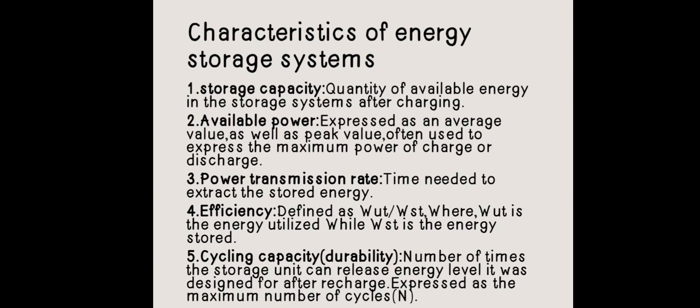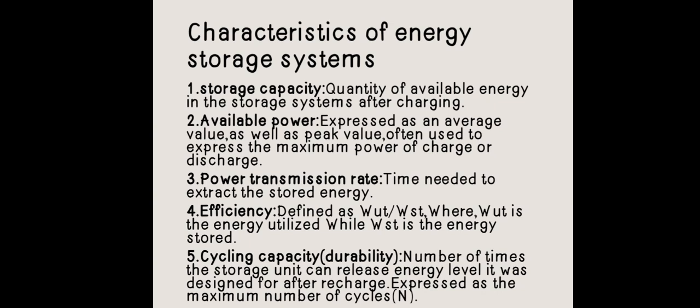Second, available power, expressed as an average value as well as peak value, often used to express the maximum power of charge or discharge. Third, power transmission rate, time needed to extract the stored energy. Fourth, efficiency, defined as WUT over WST, where WUT is the energy utilized while WST is the energy stored.